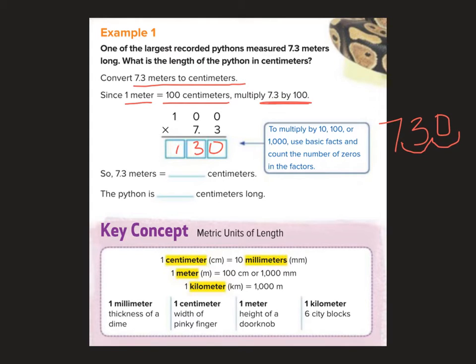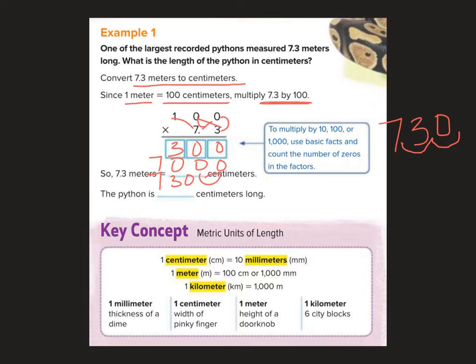If you aren't comfortable with that, which, I mean, we should be, you can always multiply out. Count the number of zeros in the factors. 3 times 0 is 0. 3 times 0 is 0. 3 times 1 is 3. Add a 0. 7 times 0 is 0. 7 times 0 is 0. 7 times 1 is 7. Okay, so I'd have 7300.